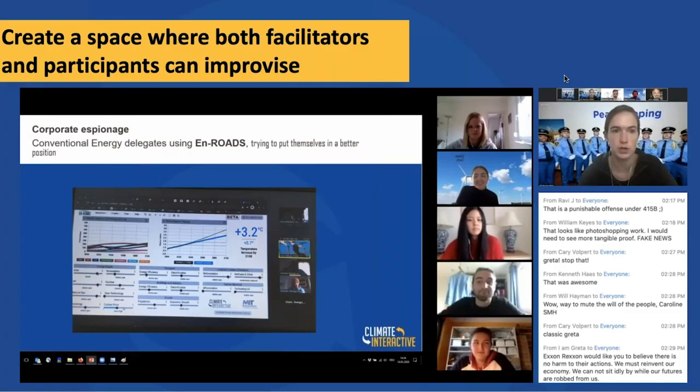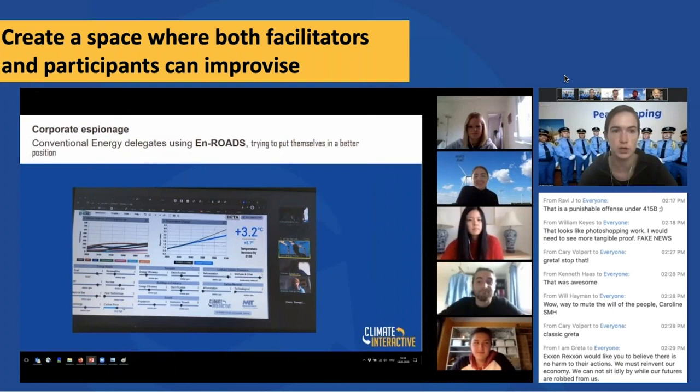You see other teams getting competitive or challenging them, saying that's not fair. And you can see on the bottom right of this slide, one participant had renamed themselves, deeming themselves I am Greta. They were part of the Climate Justice Hawks. So Greta was particularly outraged and actually decided to interrupt the conventional energy's proposal by unmuting themselves.